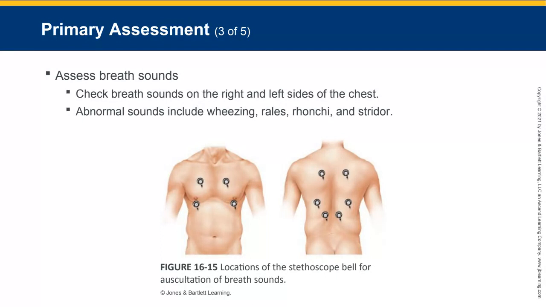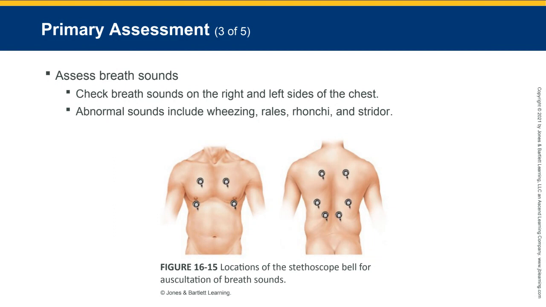Assess breath sounds. Very, very important. So check breath sounds on the right and left sides of the chest. Abnormal sounds include wheezing. Wheezing indicates bronchoconstriction. Rales and rhonchi indicate fluid in the alveoli, and stridor indicates an upper airway issue.